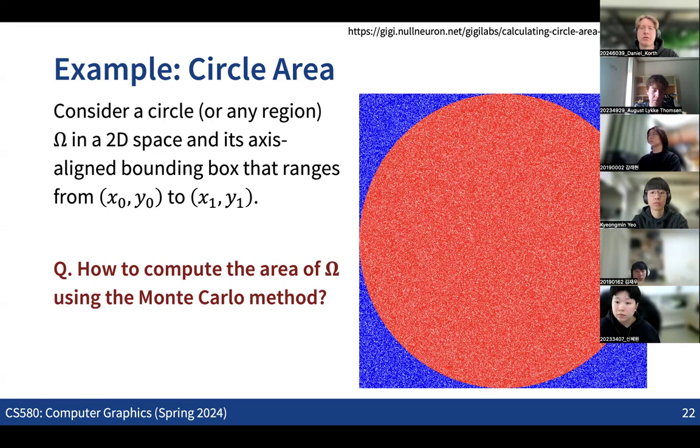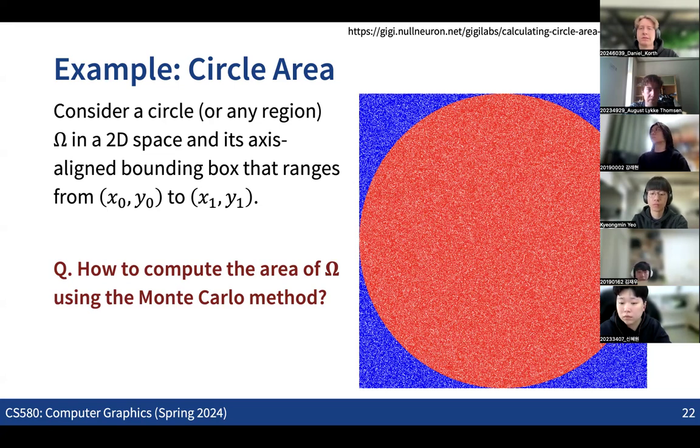The first thing we need to do is express the area of the region in the form of an integral. We should be able to define a function and define the area as an integral.